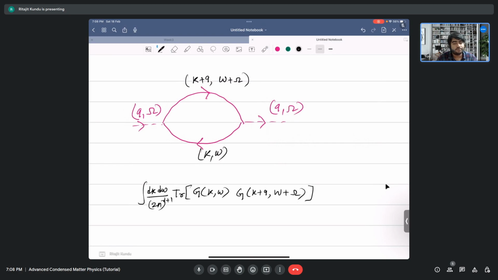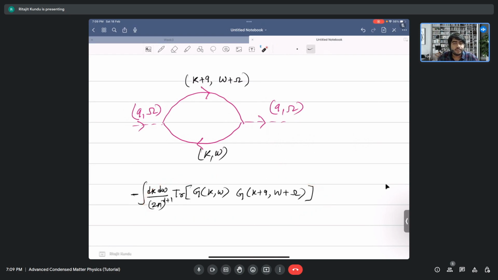So we have this (2 pi)^(d+1) for normalization. Because this is a Feynman loop, I should also have a minus included in this expression. This is what the Feynman rules tell you, so this is the full answer of this diagram.